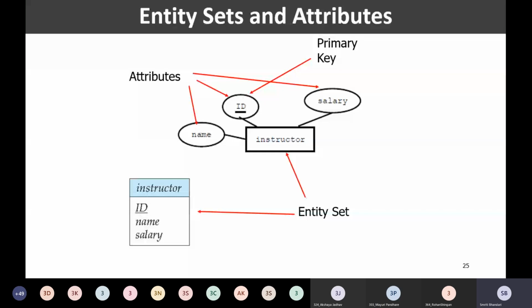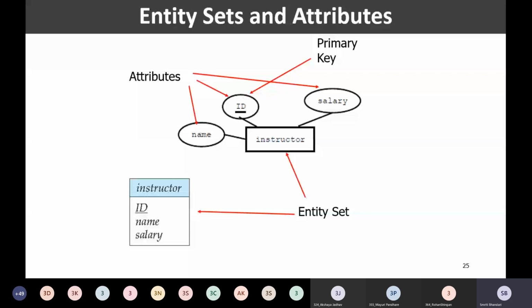It is an attribute that uniquely identifies the entity. How to define a primary key? It is one attribute or set of attributes that uniquely identify the entity.